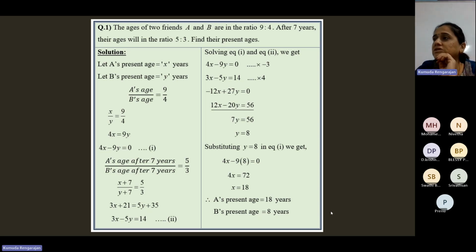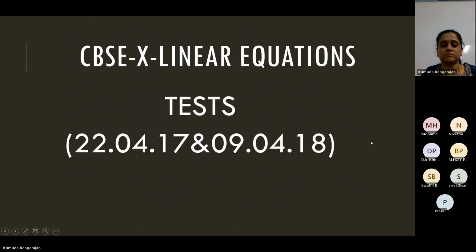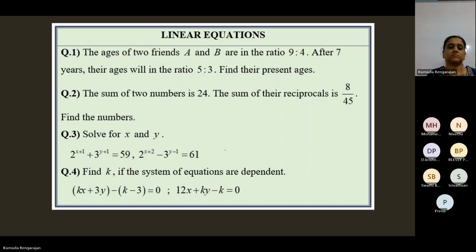Done? Shakti, finished? Okay, next one. Avalika, completed? Okay. Try the second one.